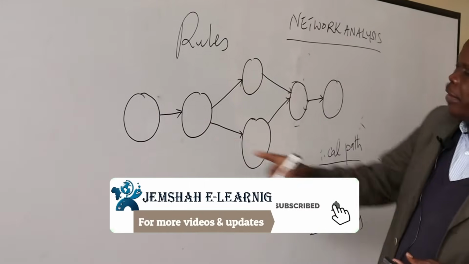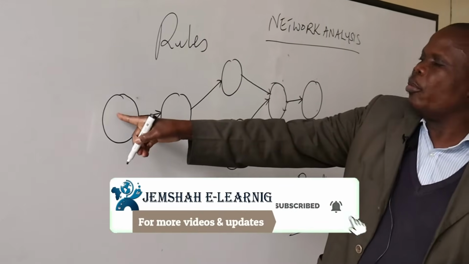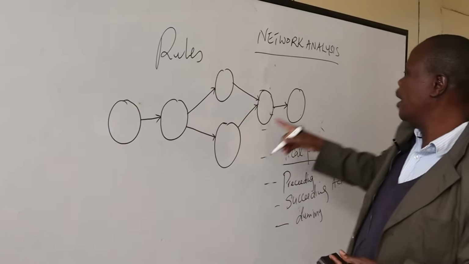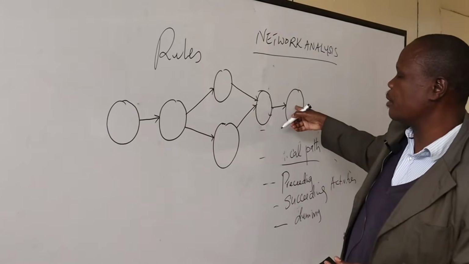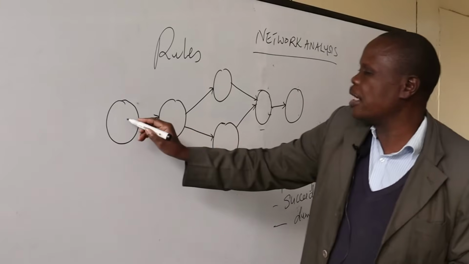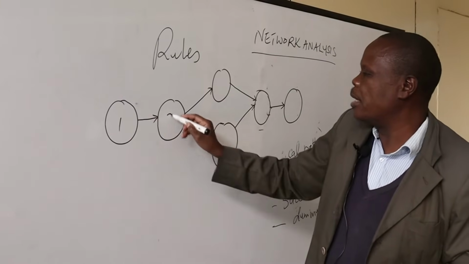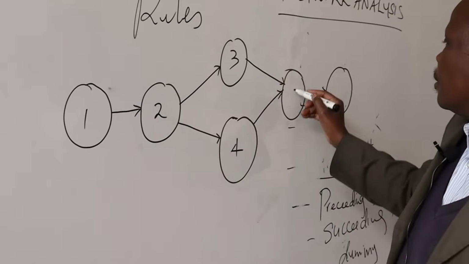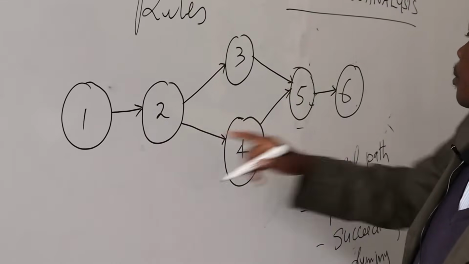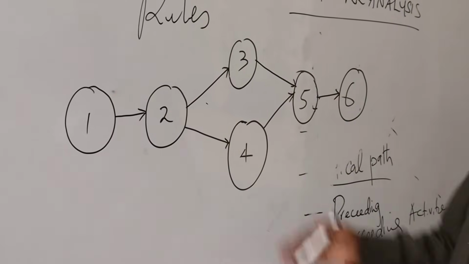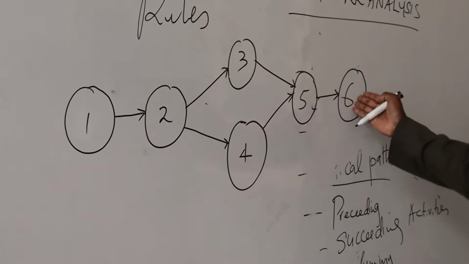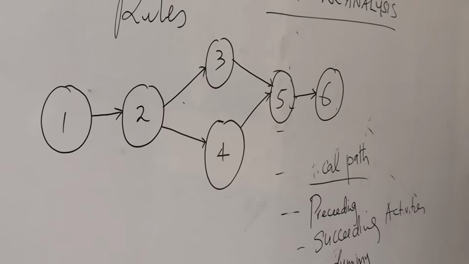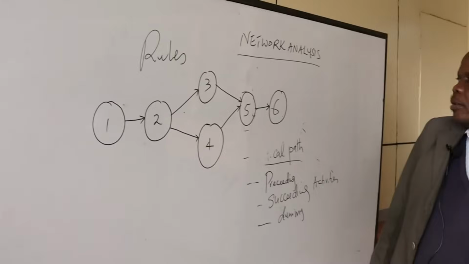So you will find they are drawn from left to right, having one entry point. This is the entry point, and this is the exit point. So under normal circumstances, we must number those points. That is the first rule in the construction of network.